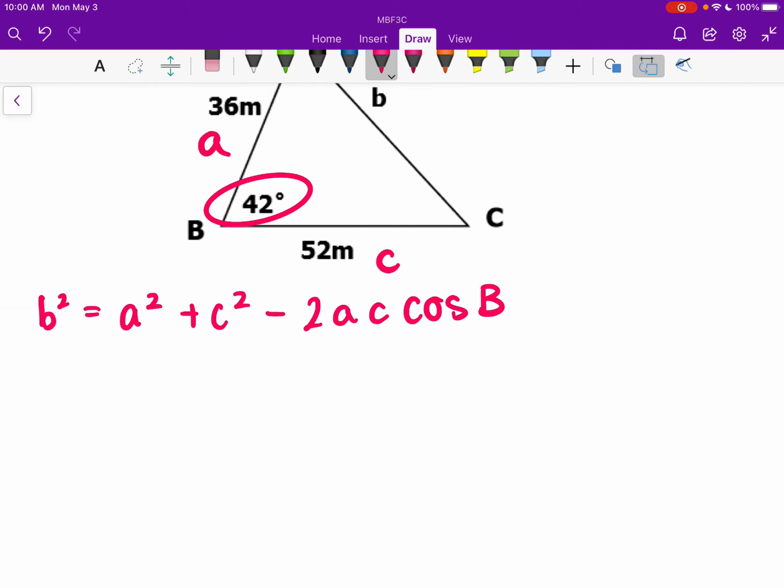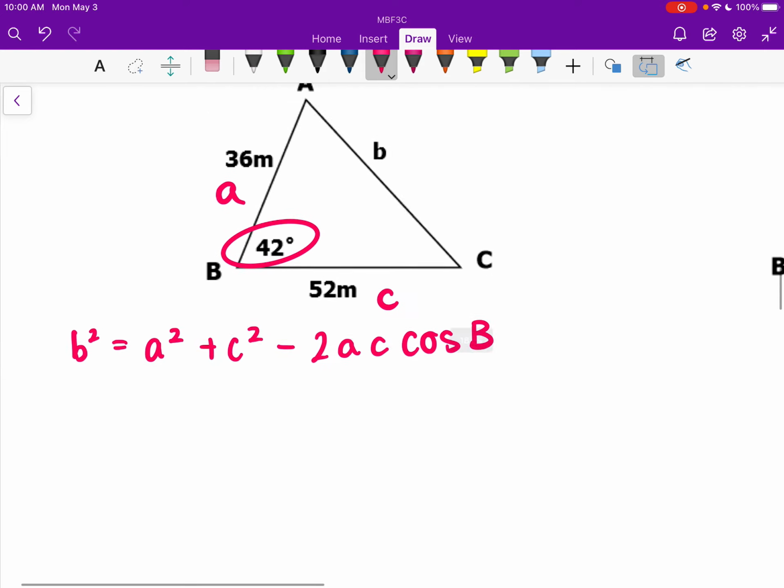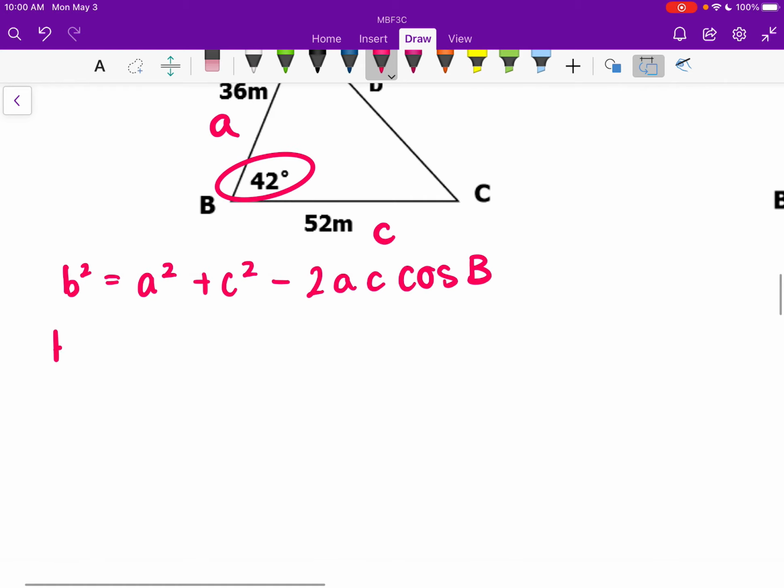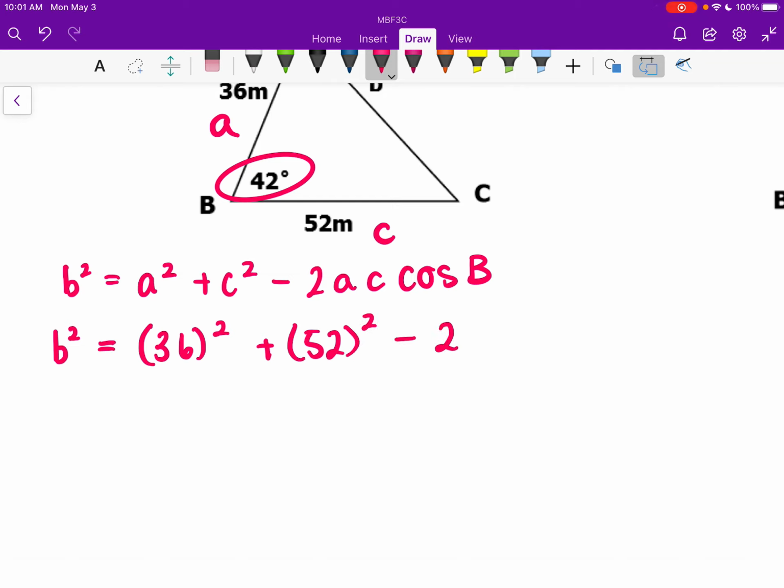So A and C, and I'm just looking for B now. So I can just go in and put my information in. So B squared, I don't know what that is. I know A is 36, so I'm going to write 36 squared, plus C, which is 52 squared, minus 2 times 36 times 52 times cosine 42.